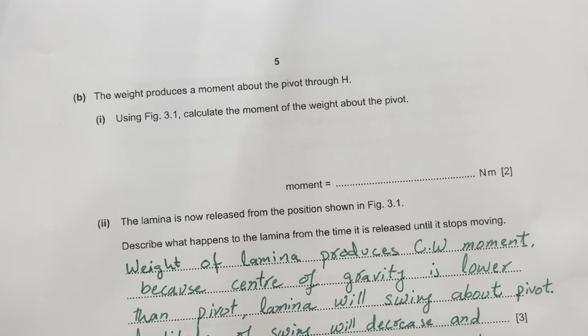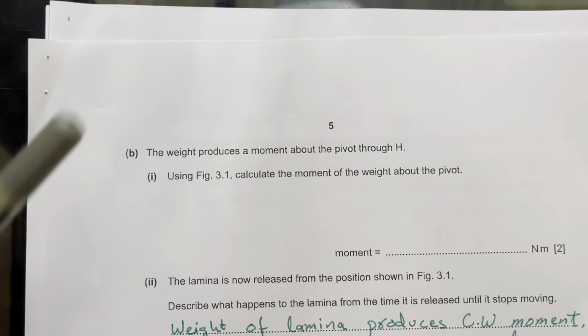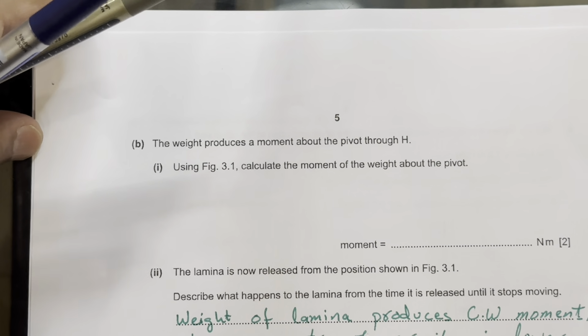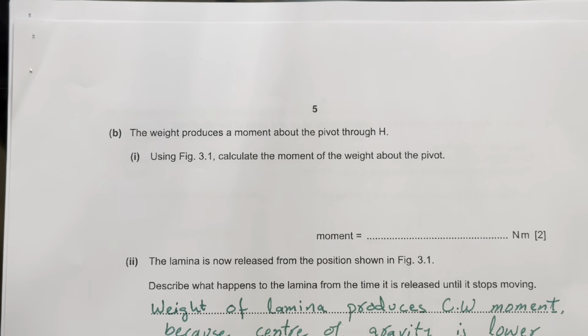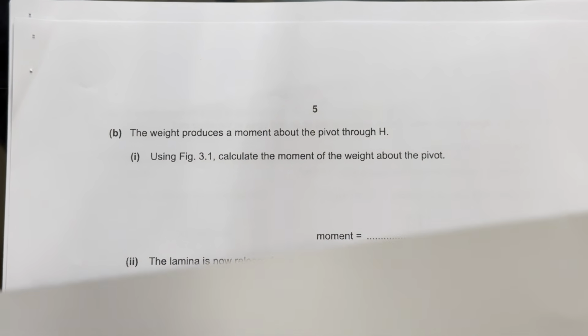Now we will move to its B part. The weight produces a moment about the pivot H. Using figure 3.1, calculate the moment of the weight about the pivot. We know that moment is equal to force into perpendicular distance.